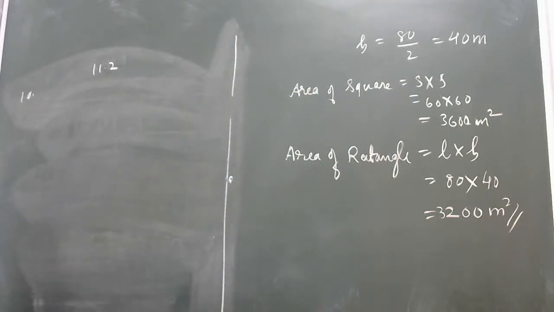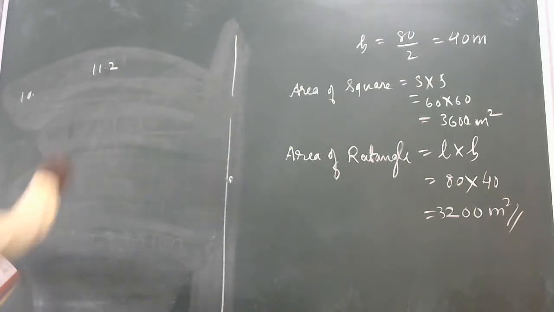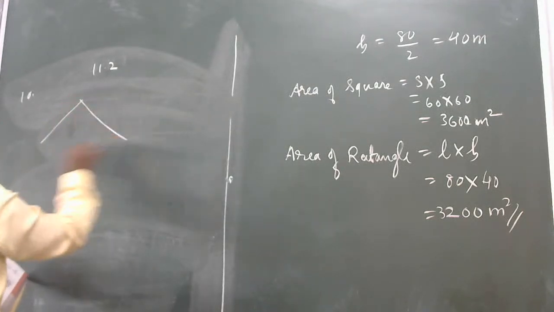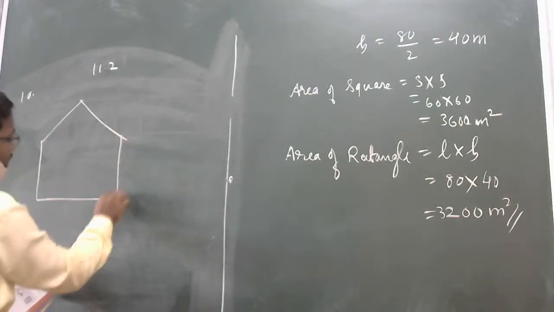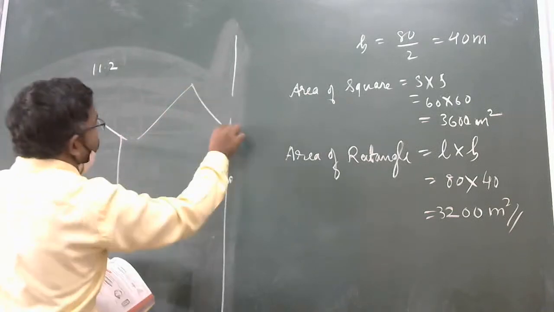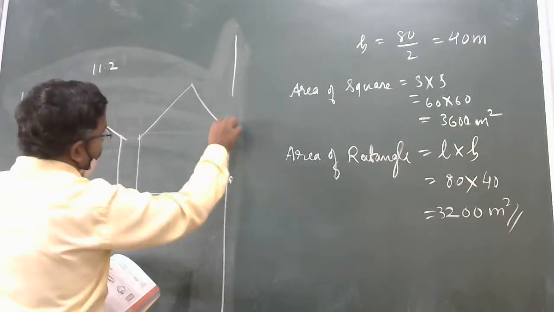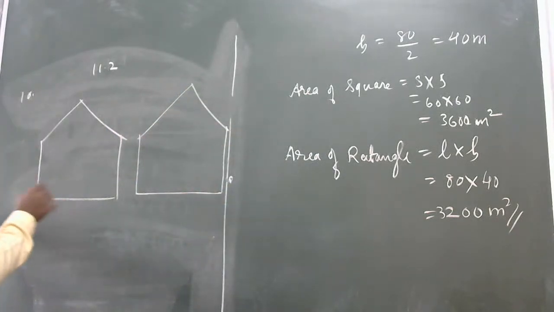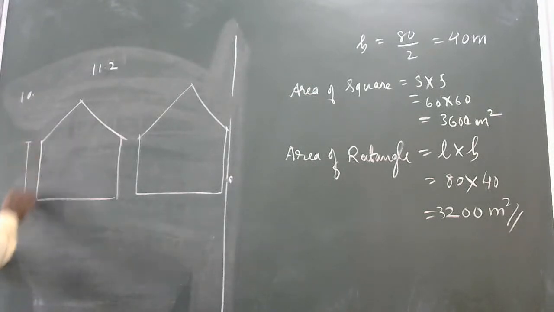For finding its area, Jyoti and Kavita divided it in two different ways. Find the area of this park using both ways. So the shape of this is a pentagon. So this is the shape. And the dimensions are given as 15 meters.